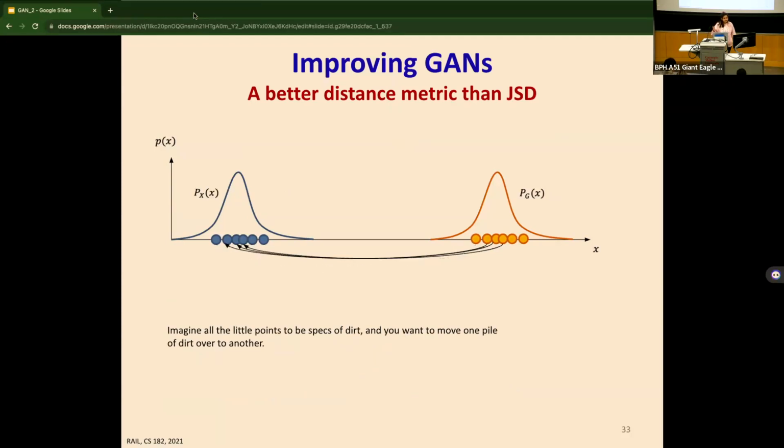So any ideas what we can do in this case? Any notion? No? Okay. How about we think of these two distributions and take some random points from each of these distributions and say that we have a mapping between these points.